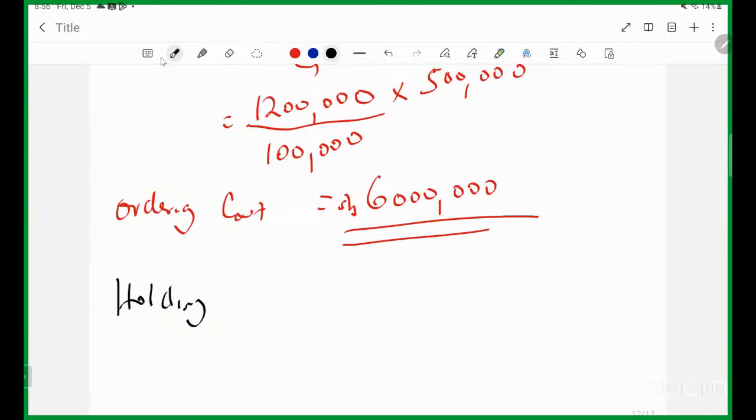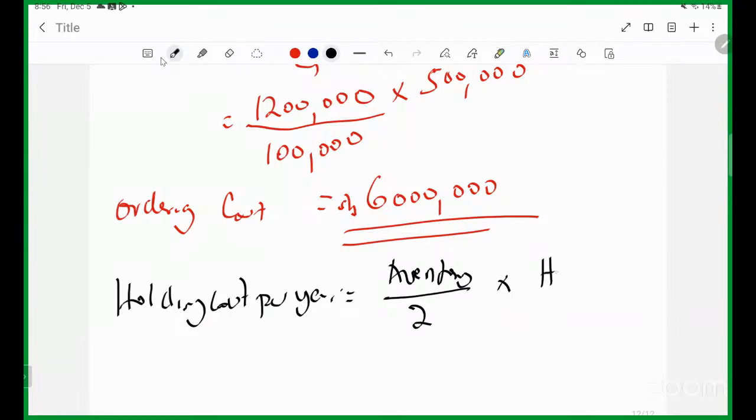Now the holding cost per year is equal to the average inventory, which is inventory over 2. It's the same as average inventory times the holding cost per unit.